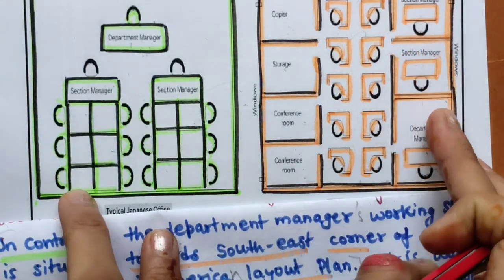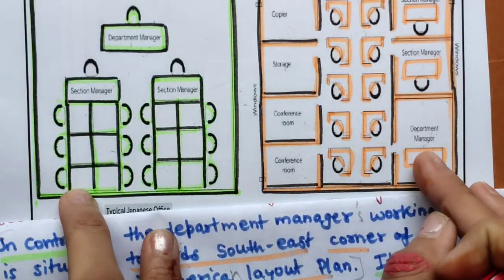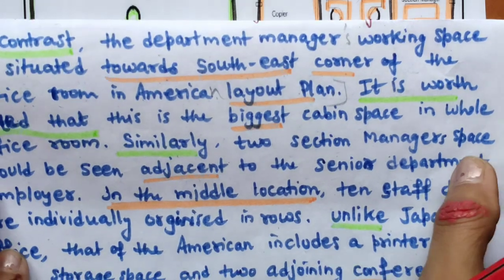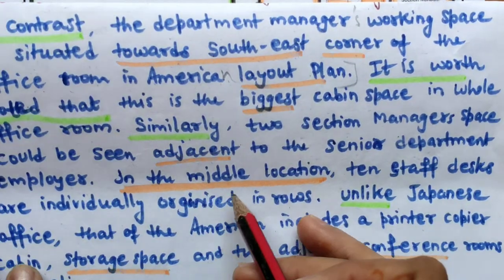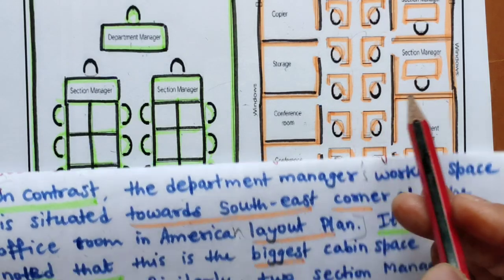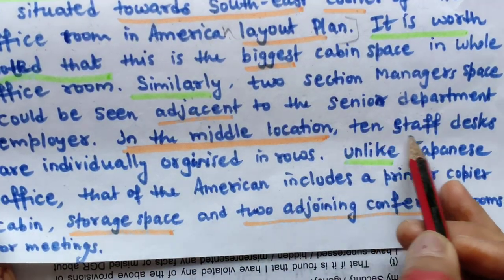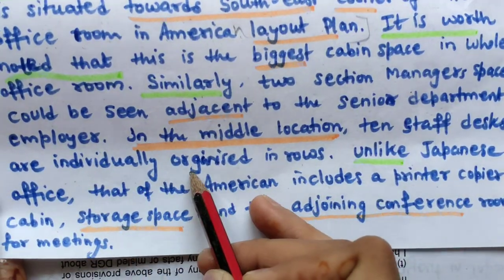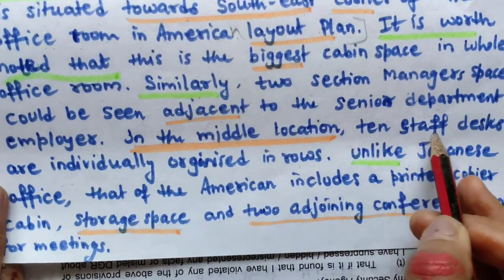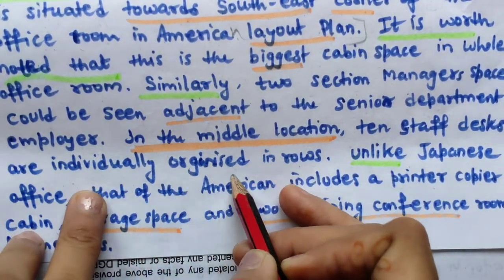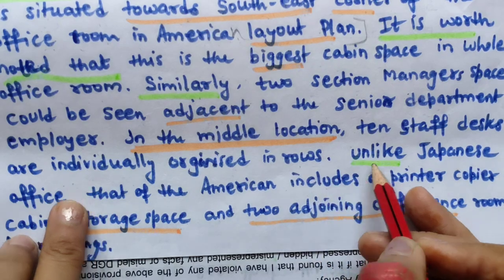These two can be seen adjacent to the senior department manager. In the middle location, 10 staff desks are individually organized in rows, with staff sitting over there.